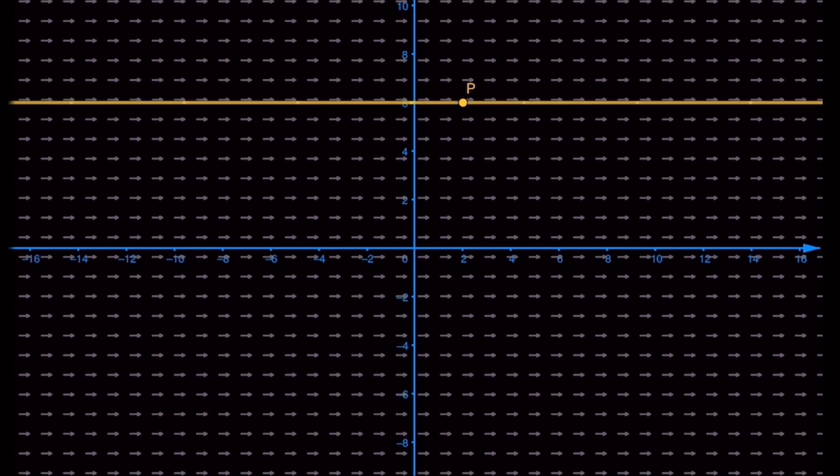Notice for constant solutions, we get straight line solutions and all the vectors point in the same direction. Now, if we pick a particular value, say point P, we get a particular curve. The initial condition gives us a particular solution.